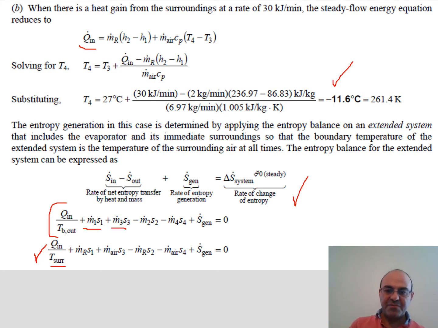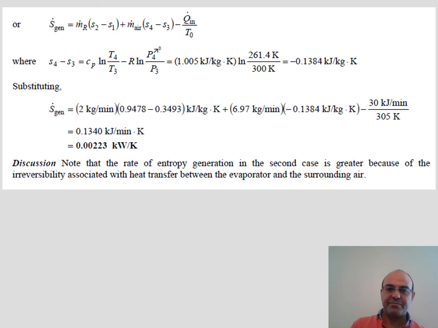So if we rearrange, everything is the same as before, except that this time T4 is different from the previous temperature. For refrigerant, everything is the same, I believe, but for the air, we need to recalculate the entropy change of the air with this new temperature. So for refrigerant, the same as before.